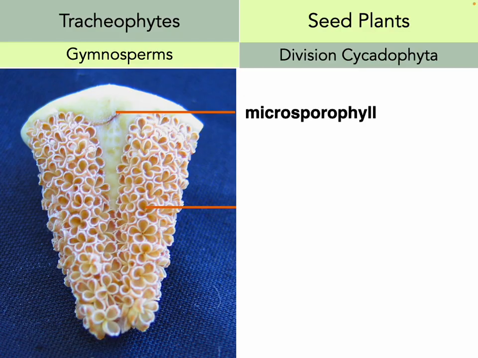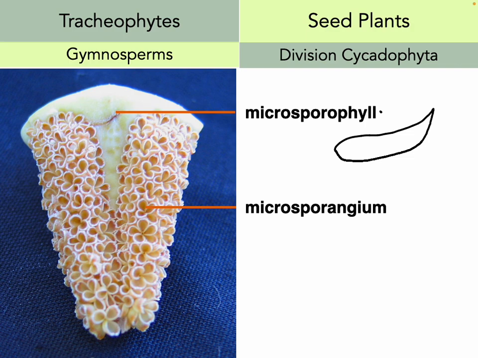The whole thing is microsporophyll, and then underneath is microsporangium. If I do it sideways, it looks kind of like this. This part is microsporophyll, and underneath you have the microsporangium.